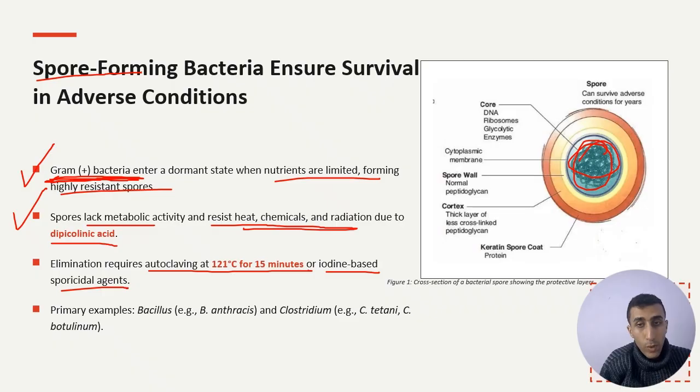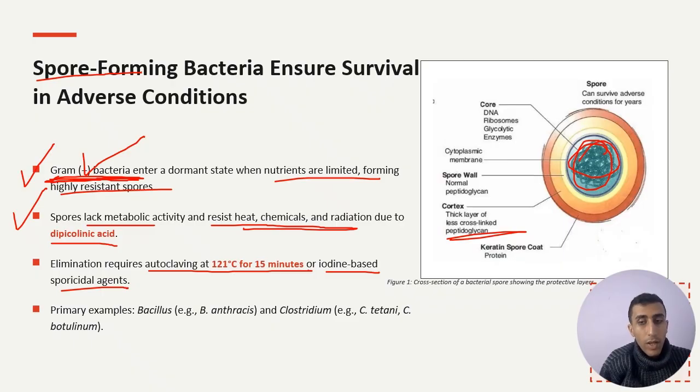These spores have dipicolinic acid to stabilize them, and they have genetic material at the core. They have a cortex and a thick peptidoglycan layer. Remember from our previous episode that gram-positive bacteria have a thick peptidoglycan layer, whereas gram-negative bacteria have a thin peptidoglycan layer.